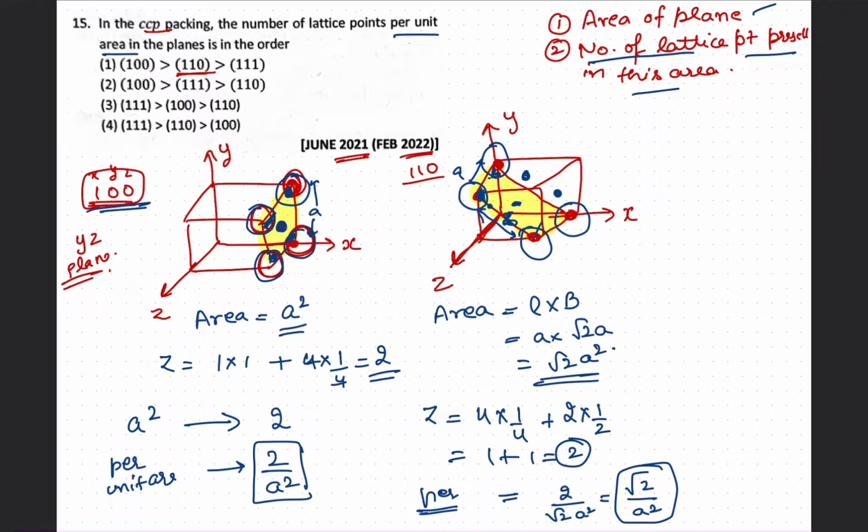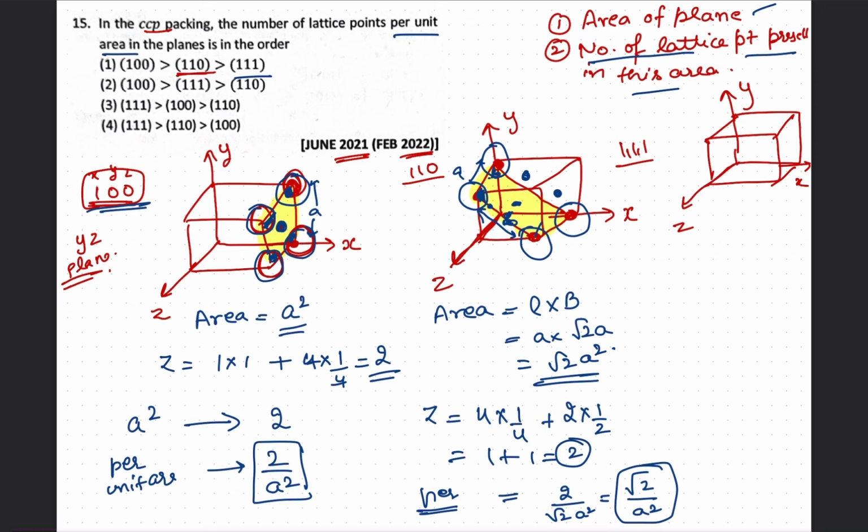We have calculated that. Now the last one is the 111 plane. In this also we'll draw a cube, okay? This is x axis, this is y axis, and this is z axis.